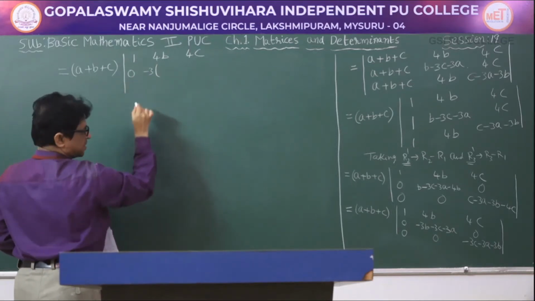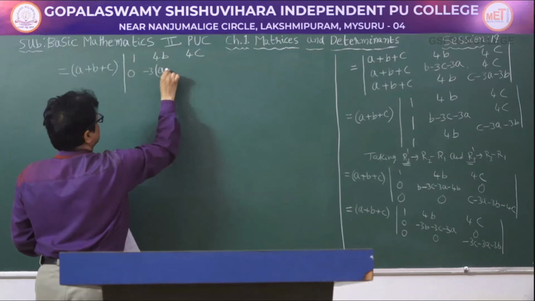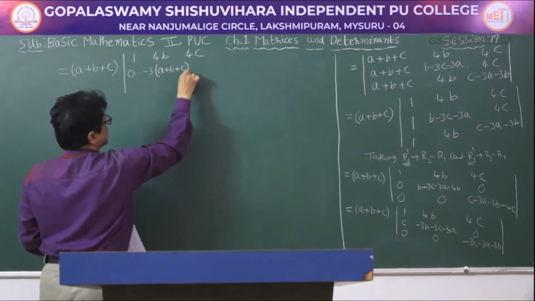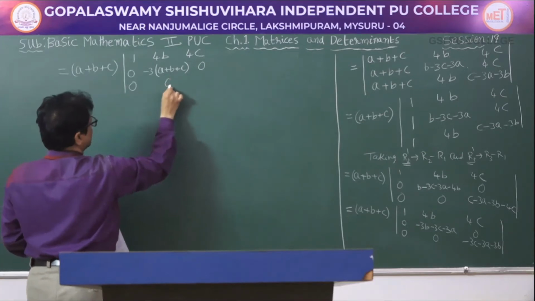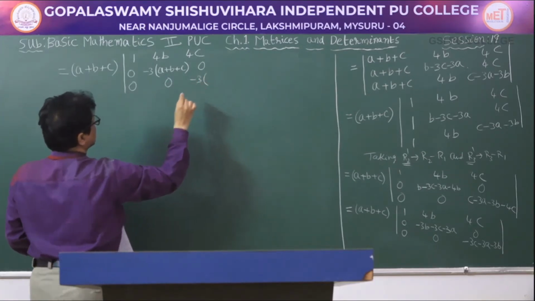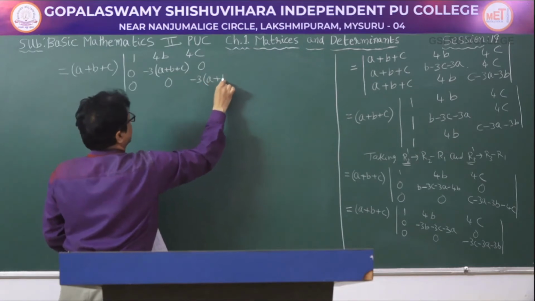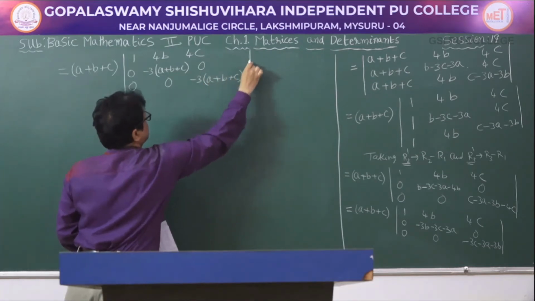Here I take minus 3 common. We get a plus b plus c, 0, 0, 0. Here I take minus 3 common. We get a plus b plus c.